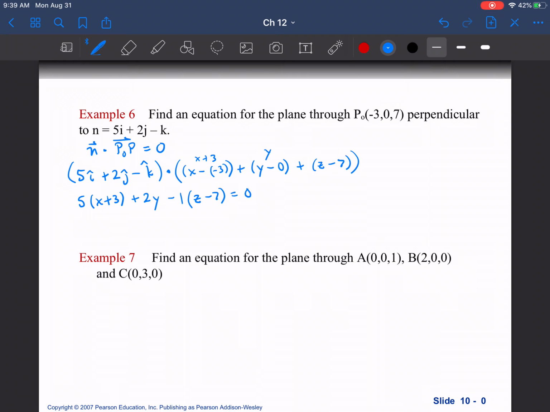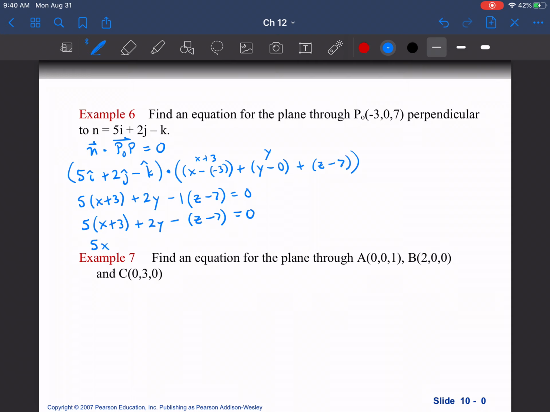And so this right here is actually a plane, but we can take it and say 5 times x plus 3 plus 2y minus z minus 7 equals 0, just to get rid of that -1 there. And then if you wanted to, you could take a couple more steps.